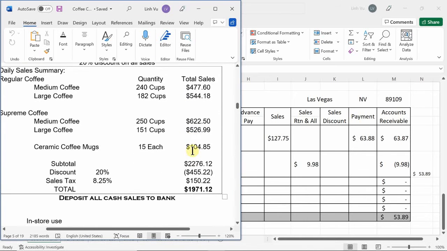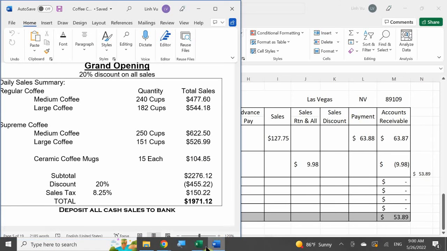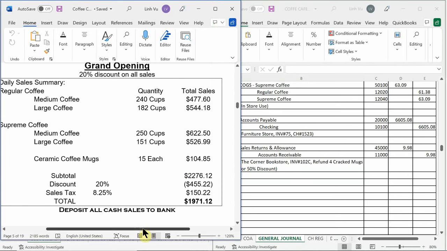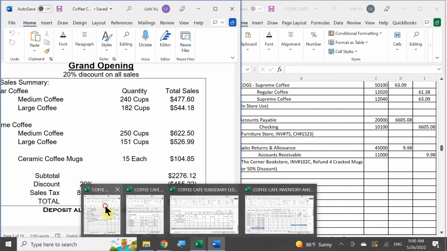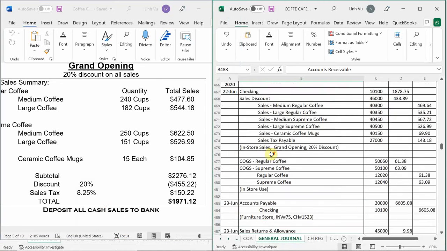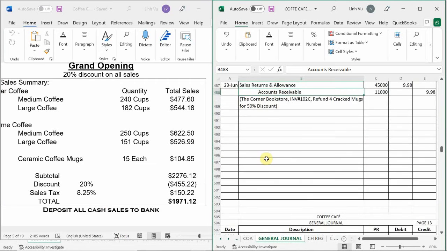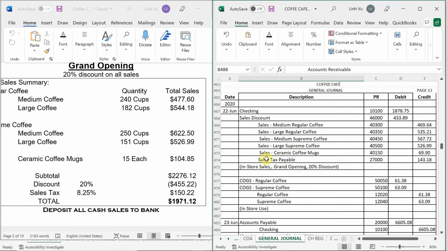And then, last but not least, we got some in-store sales. I am going to copy and paste this right above here. Let's make sure there's enough space. There might be only enough space for the sales, but the cost of goods sold has to be put on the next page.